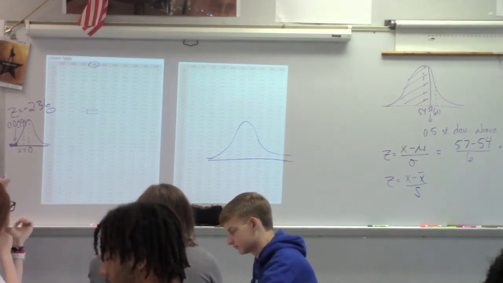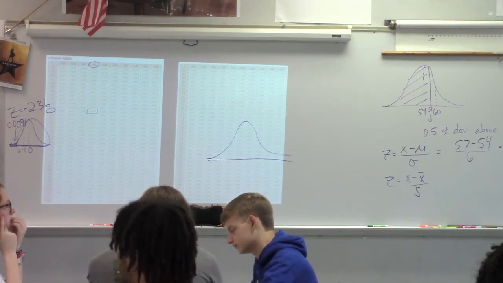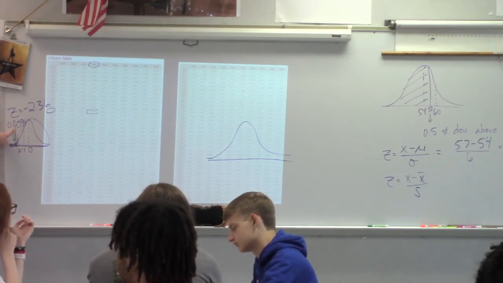Does anyone have an idea of what I could do to get the area to the right if that's what I wanted? Not times 100, because that would give me a percent, and that is not a percent, that is the area.